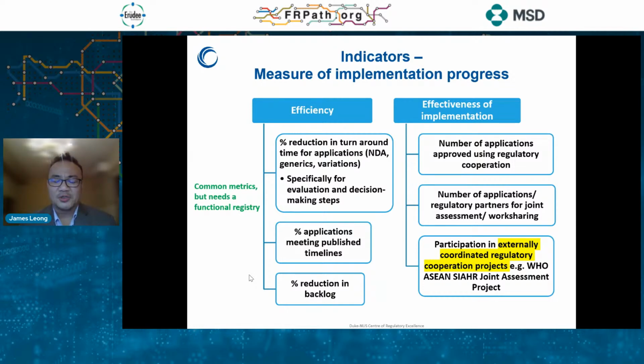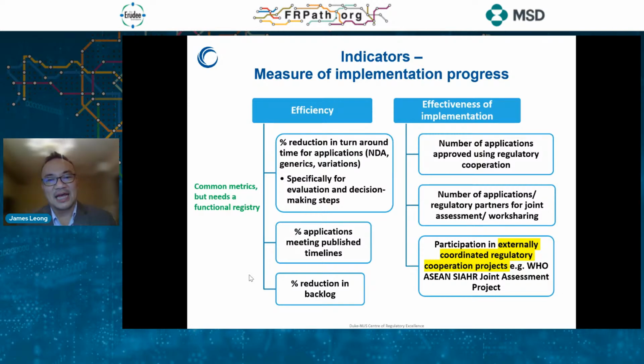Lastly, we know there are existing platforms and projects available, and I'm very keen to persuade some of the regulators to participate in some of these projects, because it forms a community where we could be freely supporting one another towards regulatory cooperation.